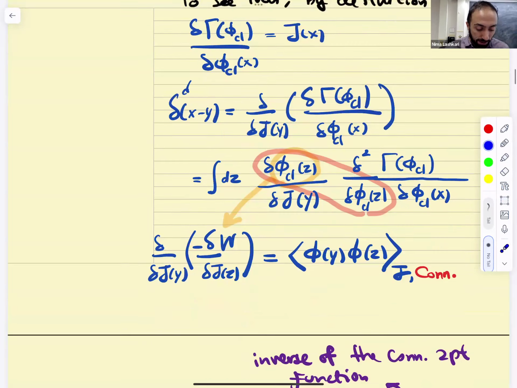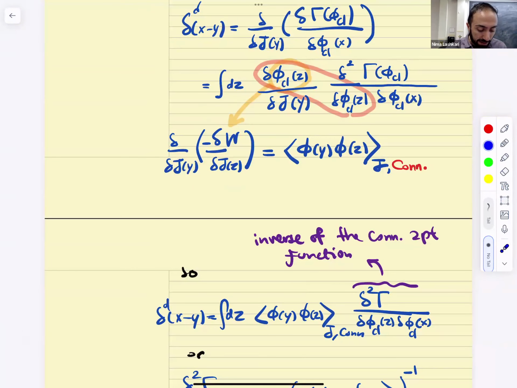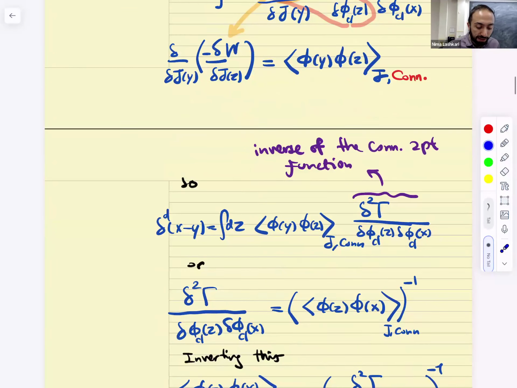All right. Plugging that back in, I find that the Dirac delta function is an integral over z of the 2-point connected correlator multiplied by this object of interest. And said differently, the second derivative of the effective action is a formal inverse of the connected 2-point function. It's a formal inverse of it.